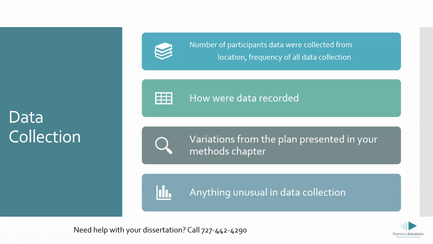So how many participants did you collect data from? What was the location? What was the frequency of all data collection? If it wasn't just participants, maybe you conducted observations, what was the location of that? What was the frequency? How you recorded all of your data, describe that.